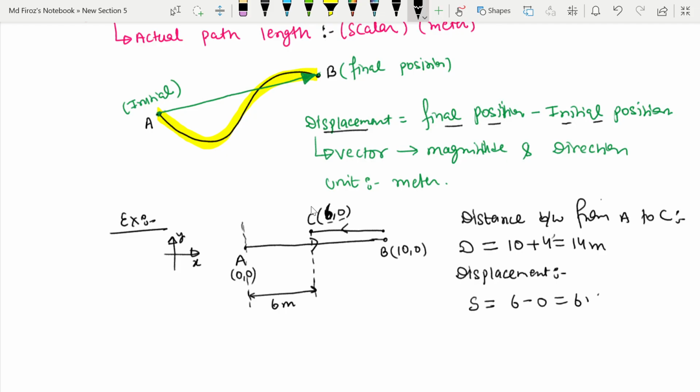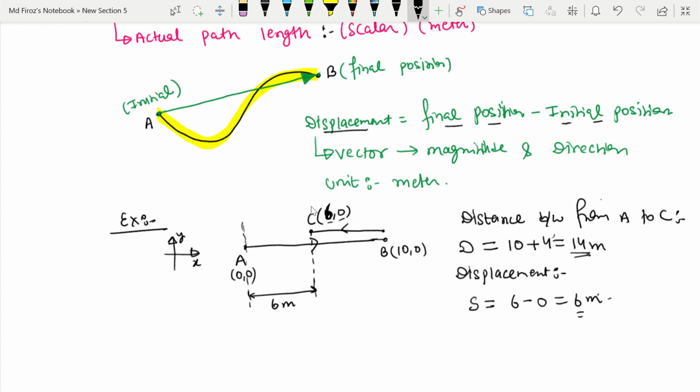So this is 6 meters. So you can see here, the initial point is A (0, 0), and the final point is C (6, 0), but there is a point B (10, 0). So the particle goes from A to B along this straight line, takes a U-turn, and goes from point B to C. So the distance will be 14 and the displacement will be 6.